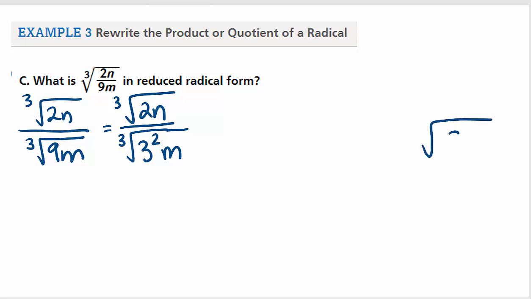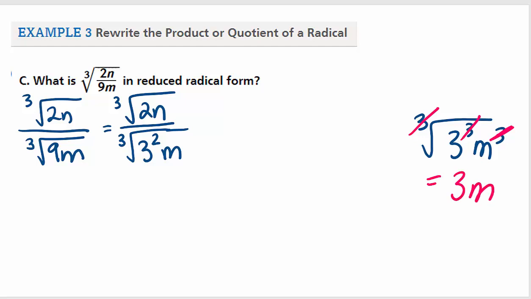If we had 3 3's and 3 m's, then we could actually simplify the radical. So the cubed root would cancel with the 3, and the cubed root would cancel with the other 3 on the m. So we would be simplified and we'd be left with 3m.